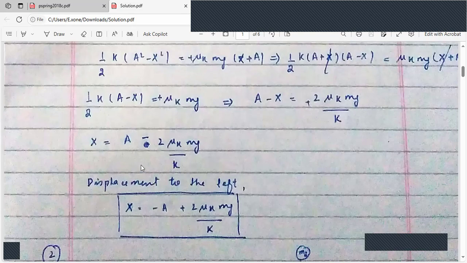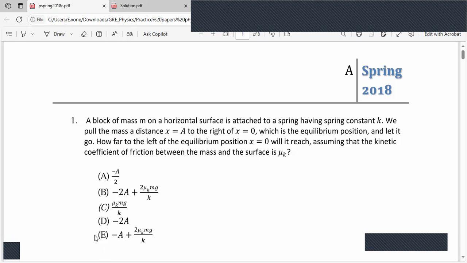Adding a negative sign to this equation, we get the answer. We can see that the correct answer is choice E in that case, as given here. So the answer of this problem is the last option.